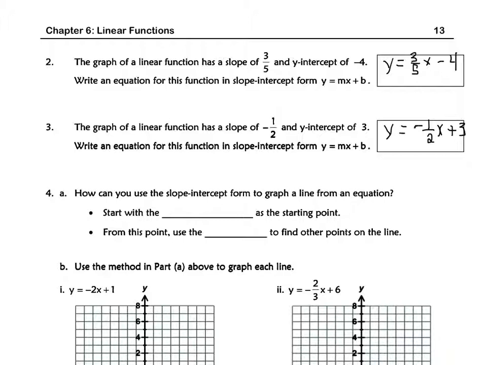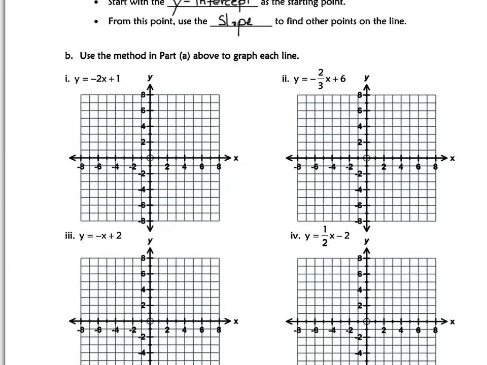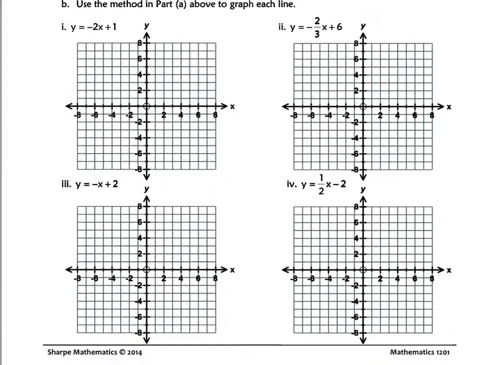You would start with the y-intercept as your starting point, and from this point use the slope, the rise over the run, to find other points on the line. So we're going to use that method now to graph these 4 equations that are given.